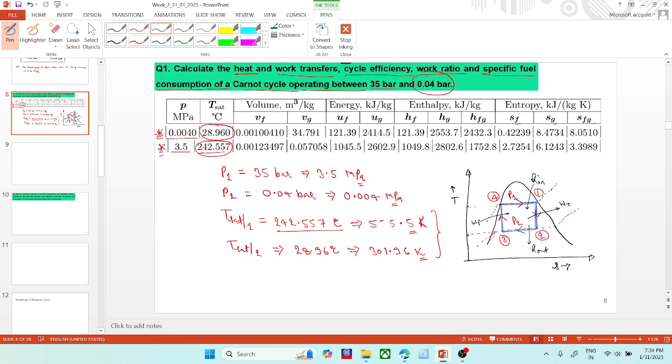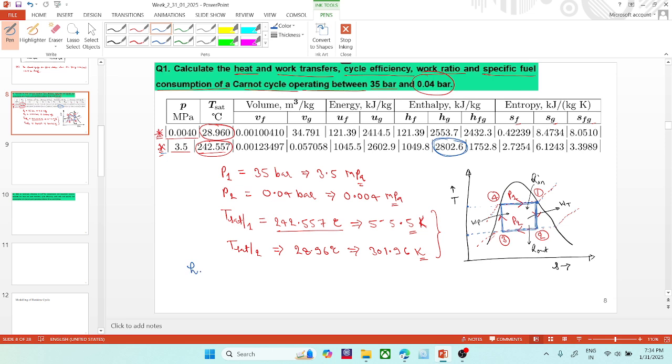Okay, so these are the values, and now I will write the enthalpy values. Here we can see that point 1 is on the saturated vapor line at the pressure P1. So at pressure P1, the enthalpy at the saturated vapor line would be Hg. This value we can directly find from here.